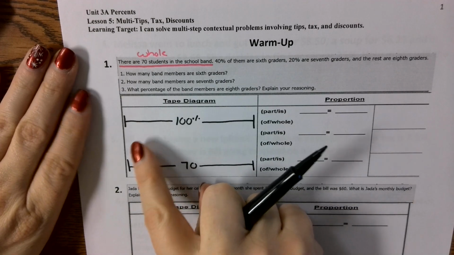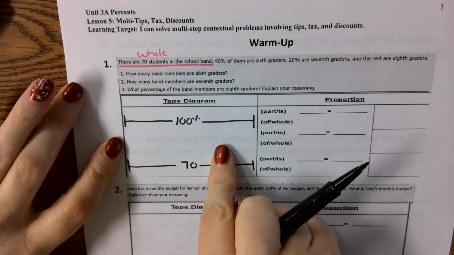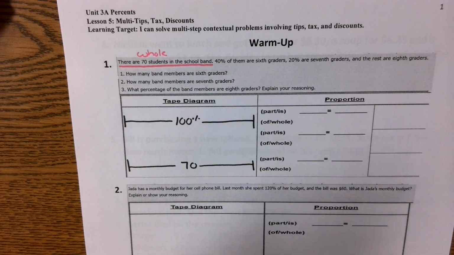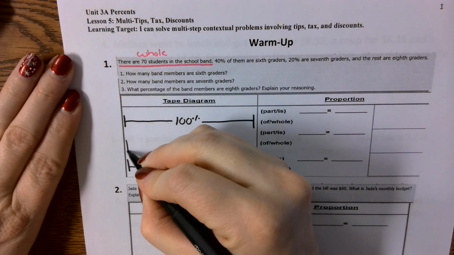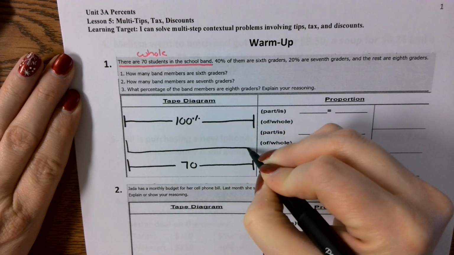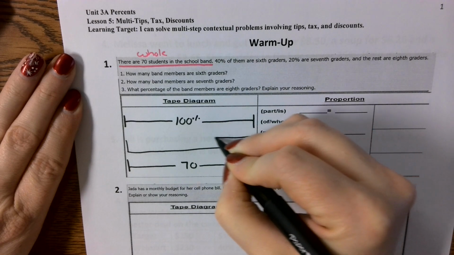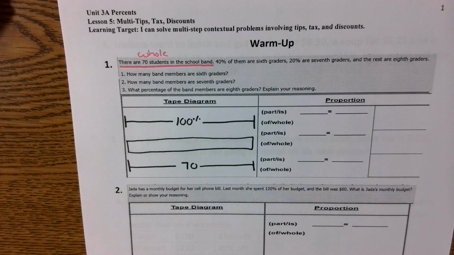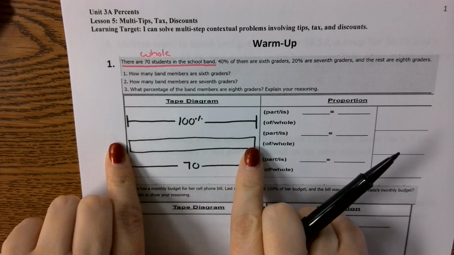So what we want to do is create a tape diagram that takes this percentage and this number of students and splits them up into equal segments. So I happen to notice that both the 100 and the 70 are divisible by 10. I'm trying to figure out how many boxes I can split this information into.